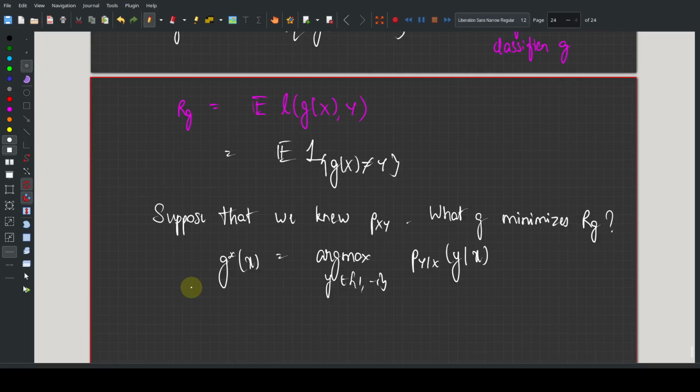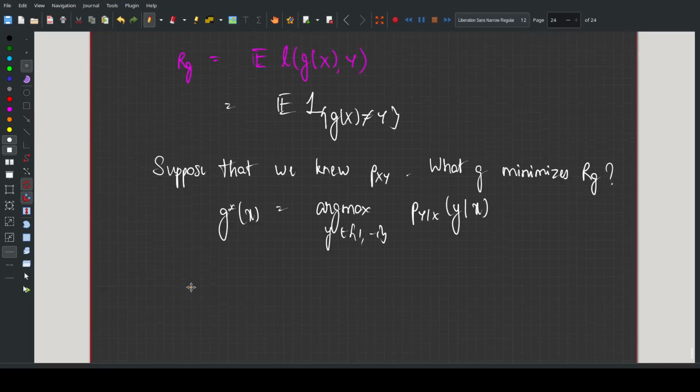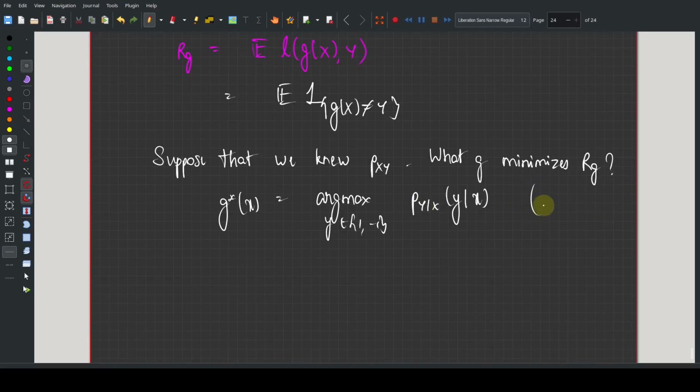The best possible detector or demodulator is the MAP detector, which is the argmax of P of y given x. So this is the MAP estimate.